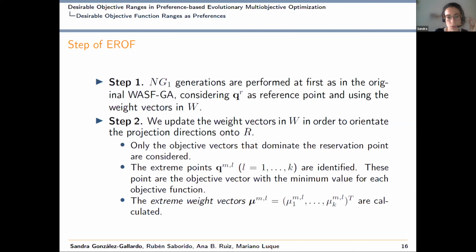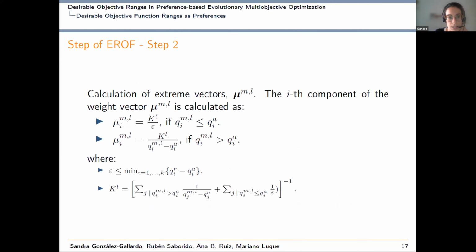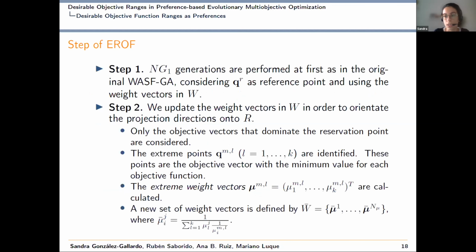This weight vector is calculated as follows, depending on whether the extreme points are lower than or higher than the aspiration point. So using this formulation, we calculate the new weight vector as follows.